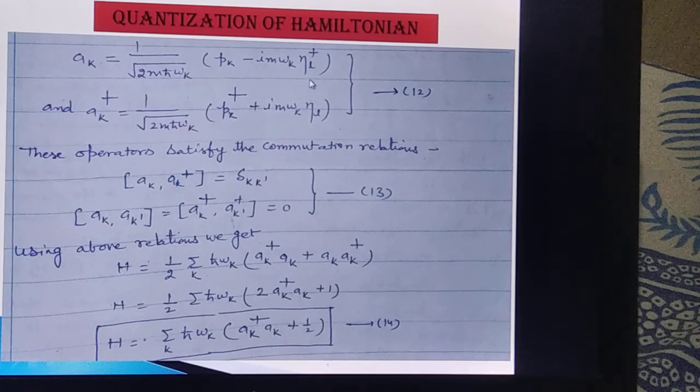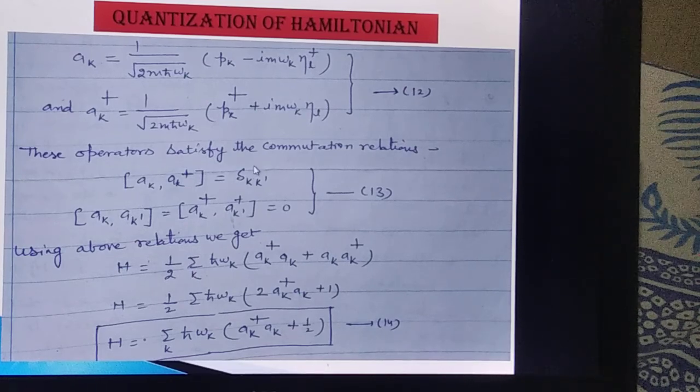So again defining ak equal to 1 upon square root of 2 m h cross omega k, (pk minus i m omega k eta k dagger), and similarly ak dagger is equal to this, where you replace pk by pk dagger, eta k dagger by eta k, and minus sign by plus sign.